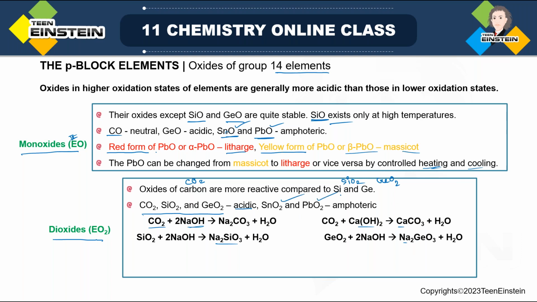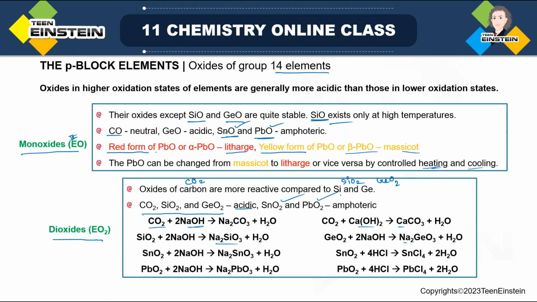But when we have these two dioxides, you can see their behavior is amphoteric. So SnO2 reacting with NaOH and reacting with HCl, we are getting Na2SnO3 and SnCl4 respectively. PbO2 also reacts with NaOH, the same type of compound just like tin, Na2PbO3, and with HCl, PbCl4.